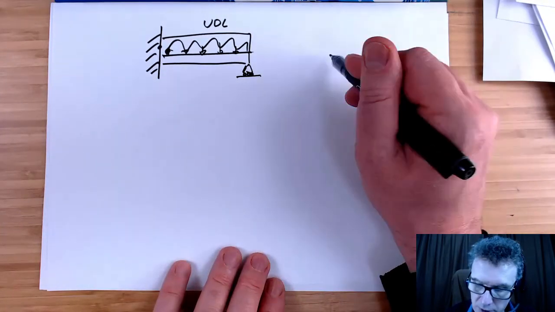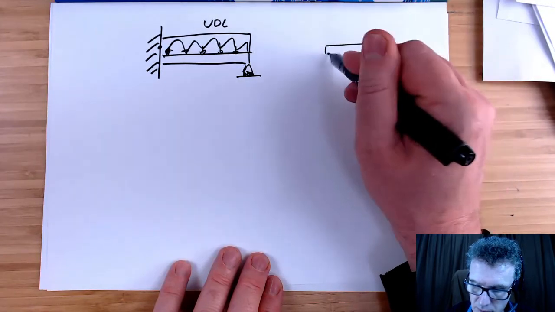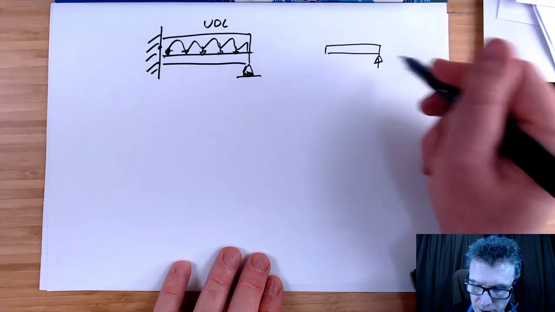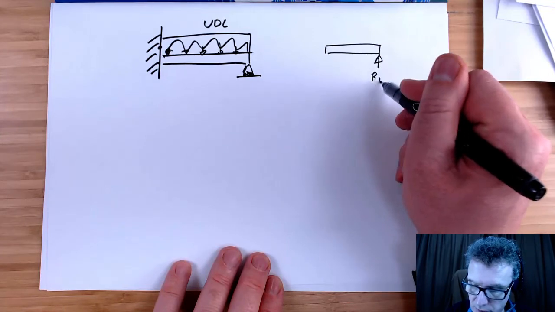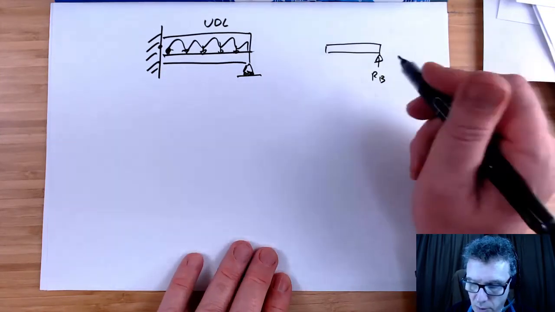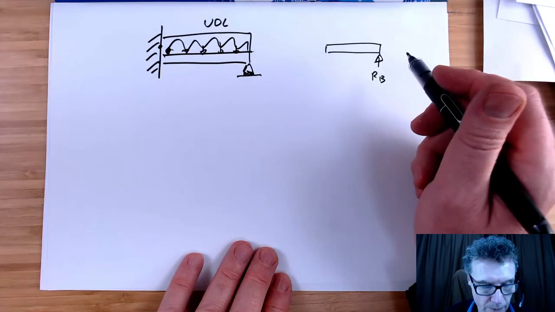So if I do my free body diagram, I'm going to get an unknown there, which I'll call reaction RB. It's RBY, RB for short.